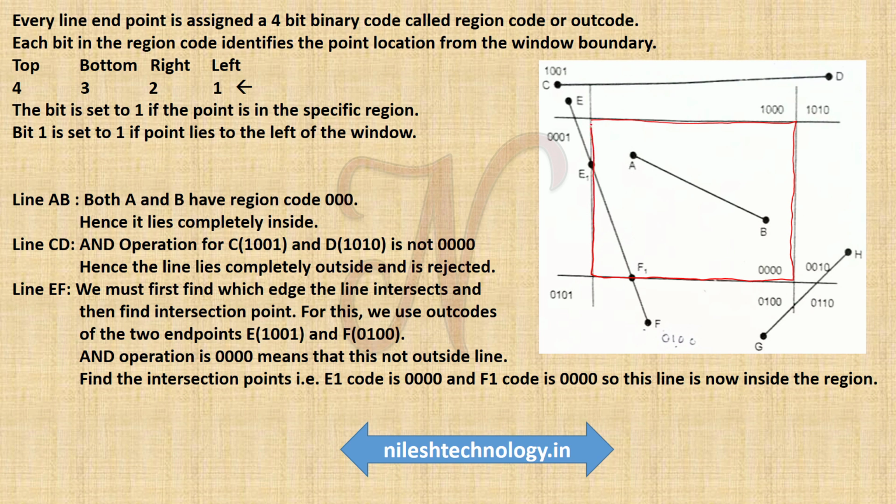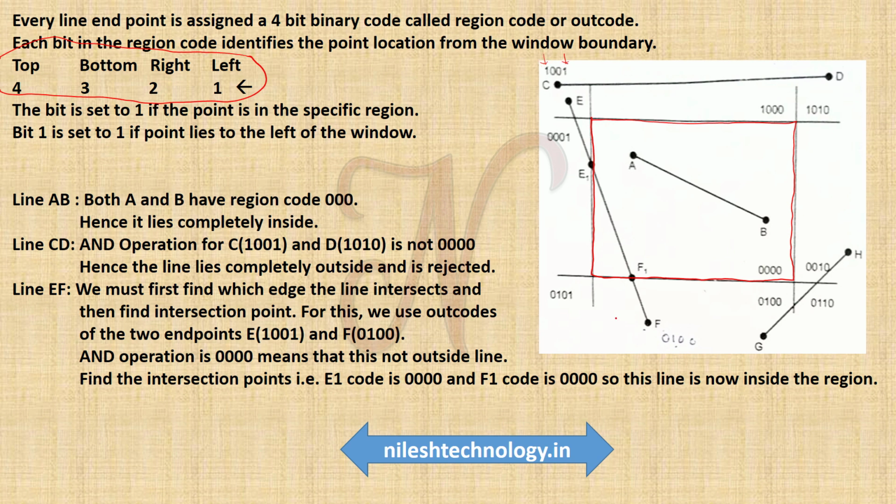There are 4 points in the arrangement: left, right, bottom and top, 1 2 3 4. If you consider the CD line, point C is at the top and left corner. So your left is 1 and the top is 1.